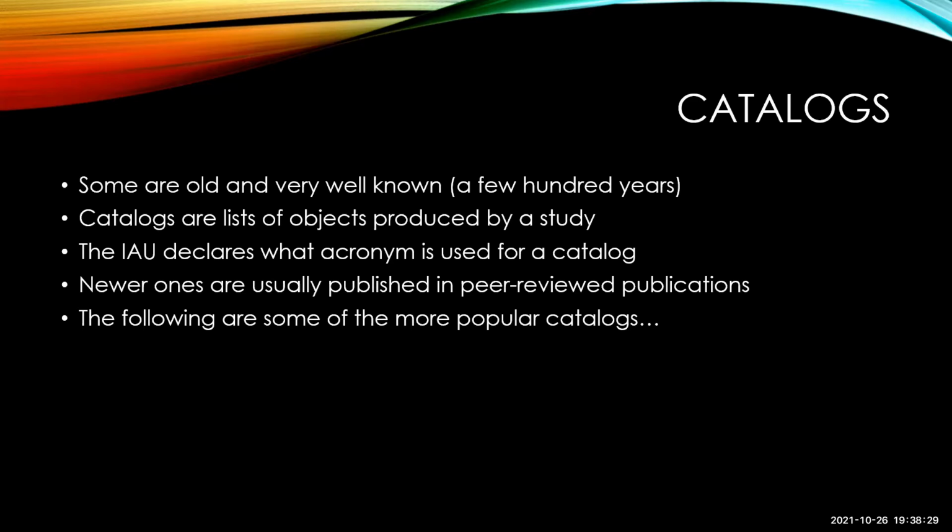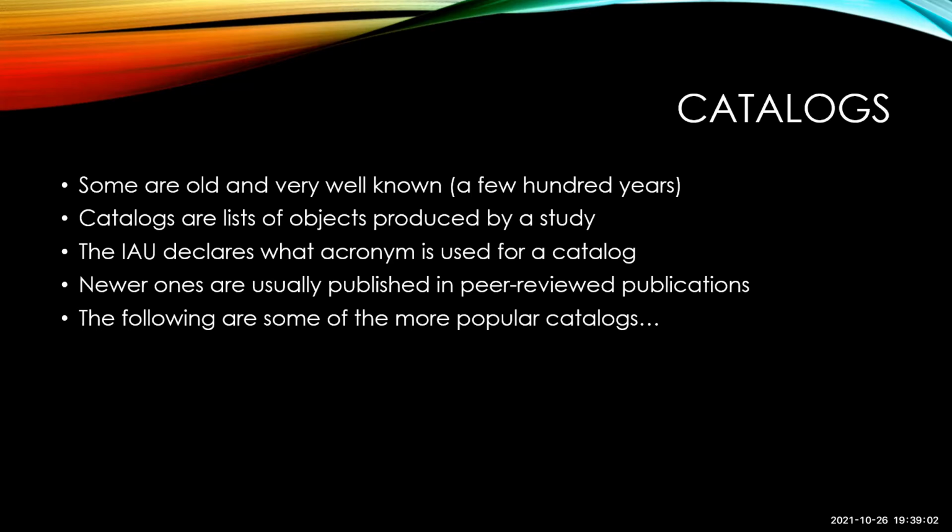For example, the three letters NGC are recognized by the IAU as meaning the New General Catalog. Catalogs are coming out all the time because scientists are studying all the time. And like I say, they will generally appear in a peer-reviewed publication, and then they'll be inserted into some of these large online databases that contain professionally peer-reviewed data.